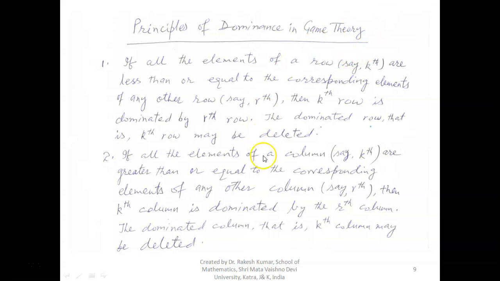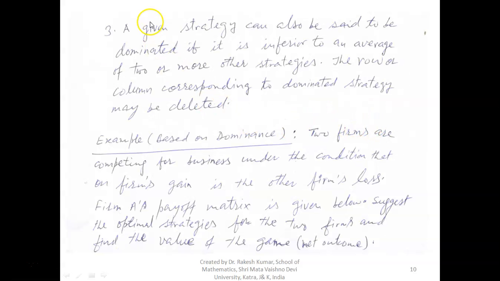Okay, and thus that row or that particular strategy can be deleted. The third one is, a given strategy can also be said to be dominated if it is inferior to an average of 2 or more other strategies. The row or column corresponding to the dominated strategy may be deleted.